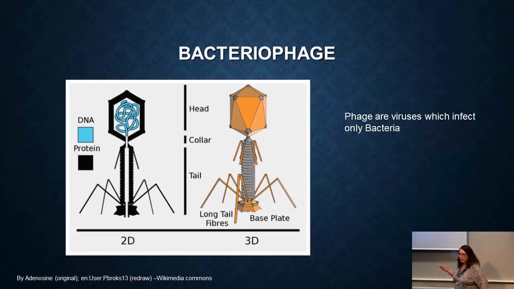Some phage have RNA, but this one has DNA. And then it has this apparatus here, which is essentially a way of injecting its DNA into cells. The black parts here are protein, and the blue is DNA. This is known as T4. That's its name. So phage are viruses that infect only bacteria.